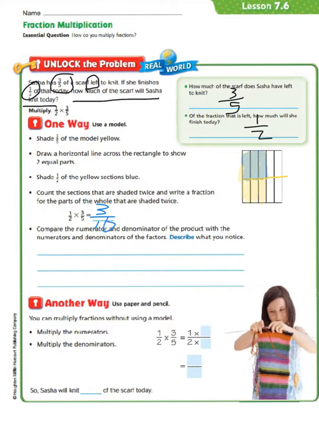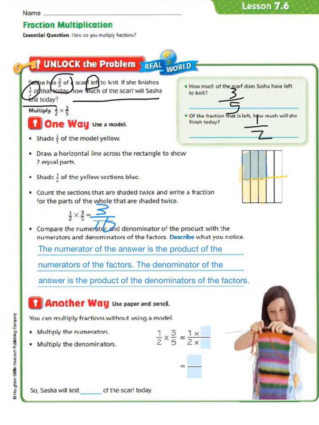So it now says to compare the numerator and denominator of the product, which is the answer to a multiplication problem, with the numerators and denominators of the factors, which are the numbers that we multiply together to get our product. Describe what you notice.